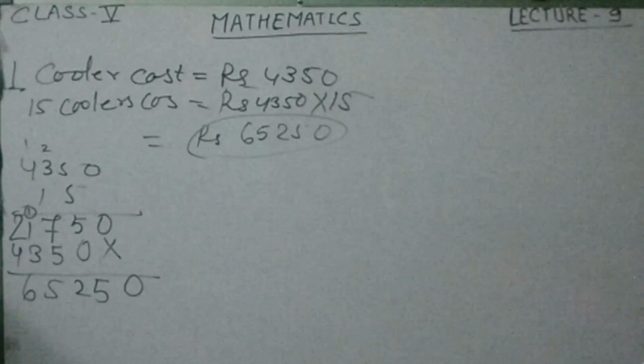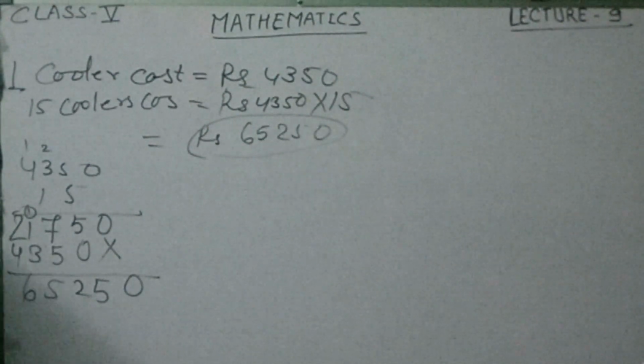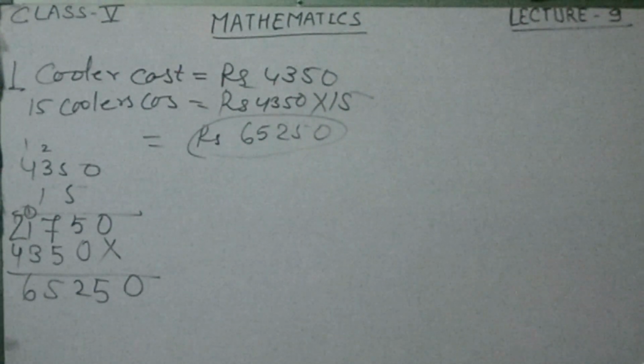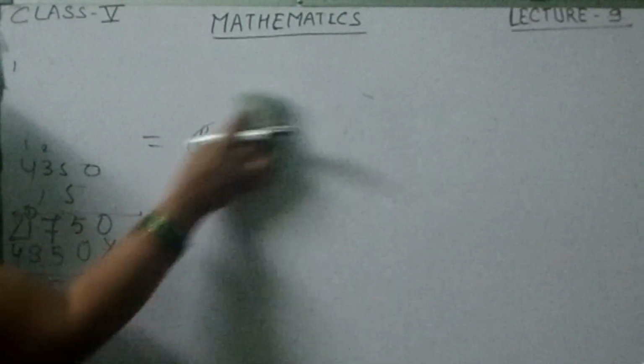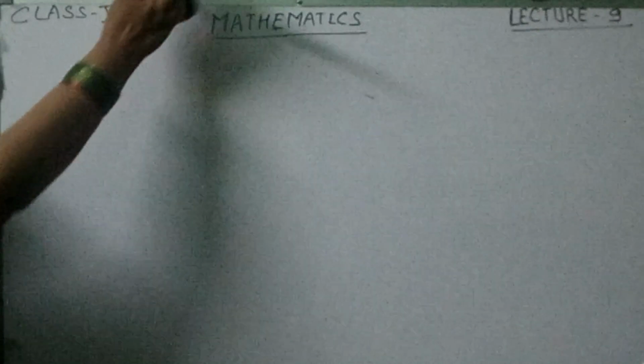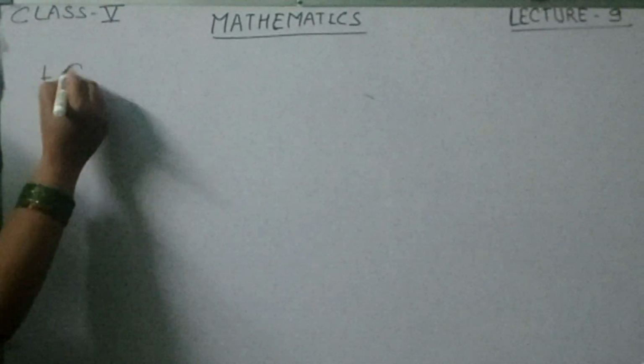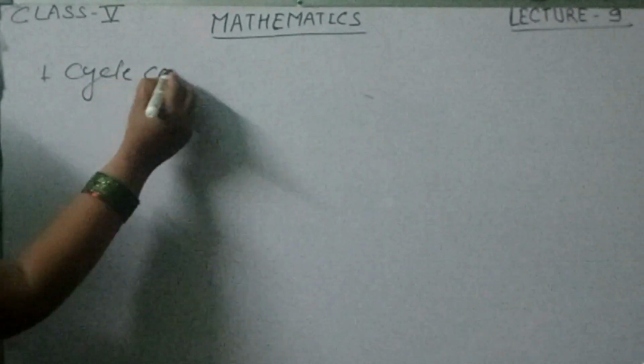In the same way, here the cost of one cycle is given. Another example I will take from your book. See, what is given here?